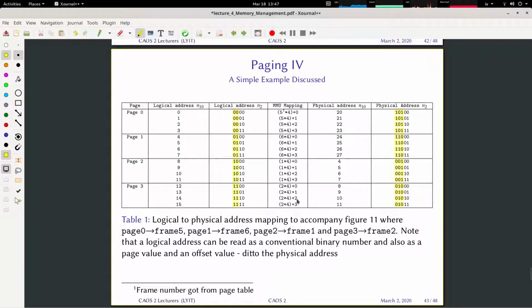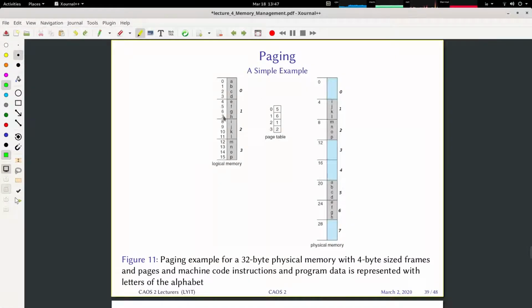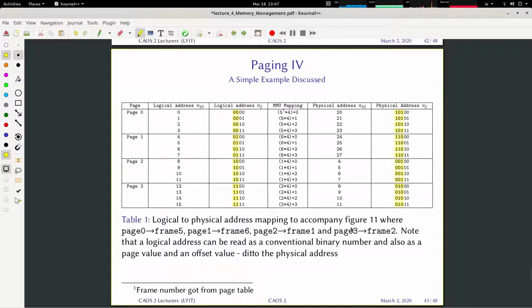Let's consider table 1. What table 1 shows us is the entire set of mappings of logical to physical addresses for the process shown in figure 11. So it's all of the logical addresses mapped to the physical addresses that we can see here. Let's consider how that's done.